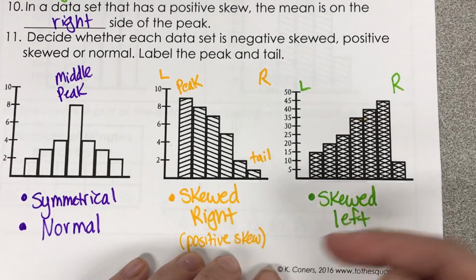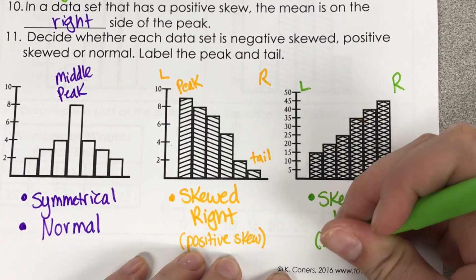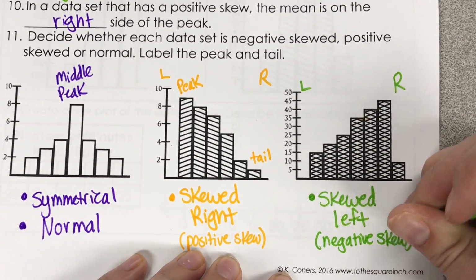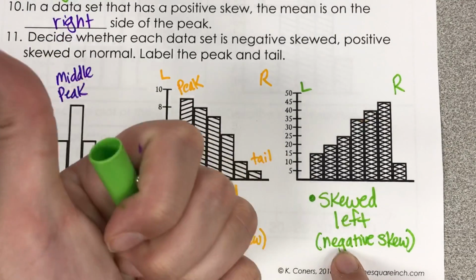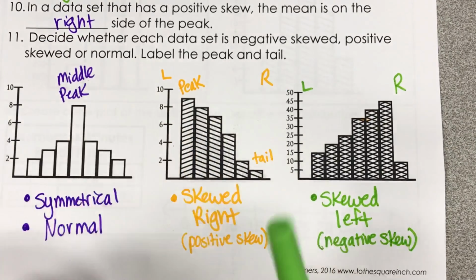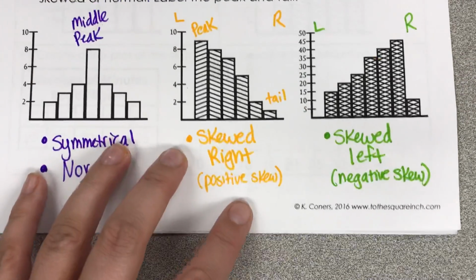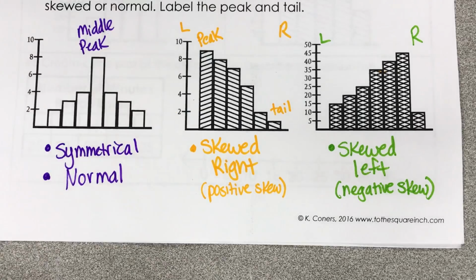Again, if it is skewed left, that means it is a negative skew. Think of it this way. Numbers on the left of the number line are negative. Numbers more right on the number line are more positive. So I'm going to have you please write this on the bottom of your paper. I'm going to use a different color.